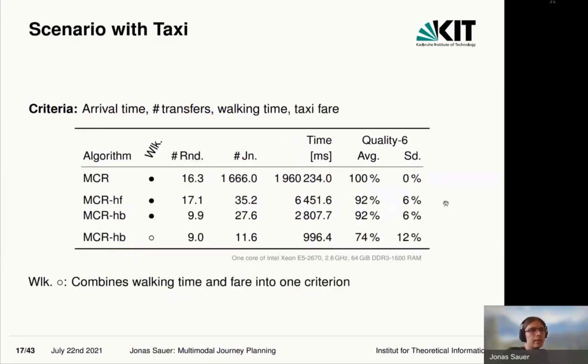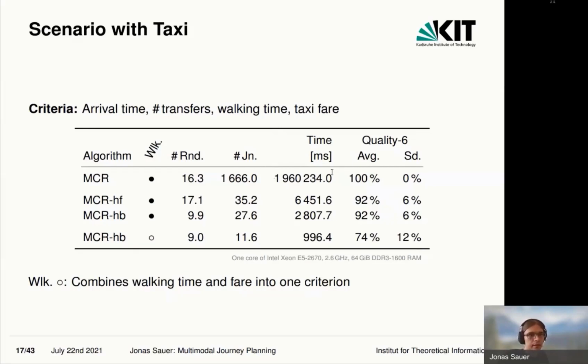So now let's get taxis into the mix. Now, if we include taxis, we have to add a 4th criterion, because if we minimize walking time, but we don't minimize taxi fare, then taxi always wins and we don't need walking. So we have a 4th criterion. And now let's look at the exact algorithm. We get an average of 1,666 journeys, and the average query time is about half an hour.